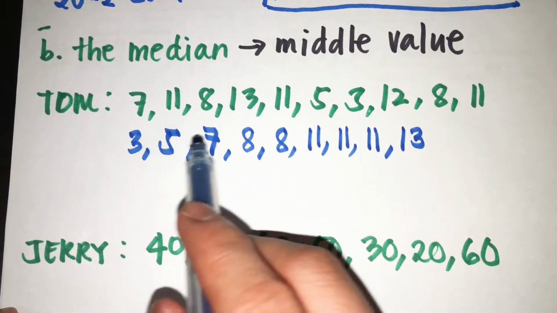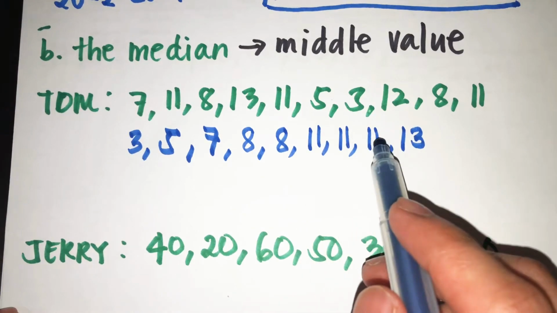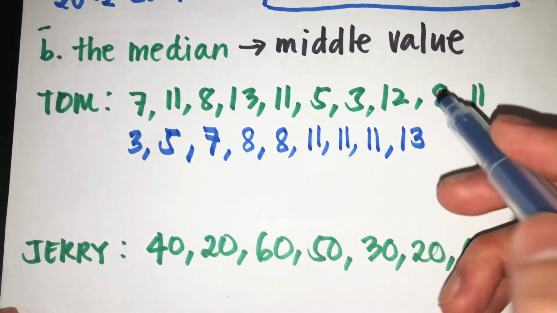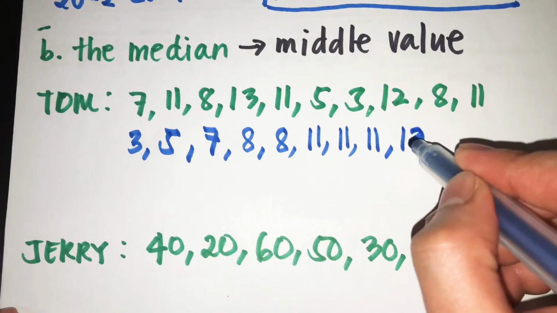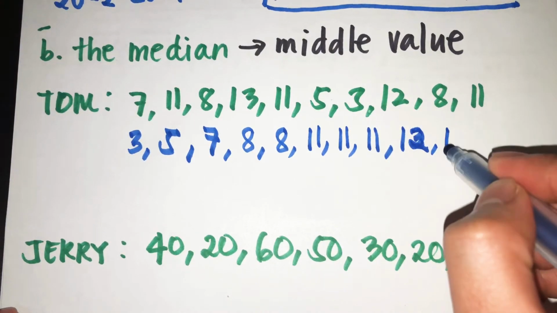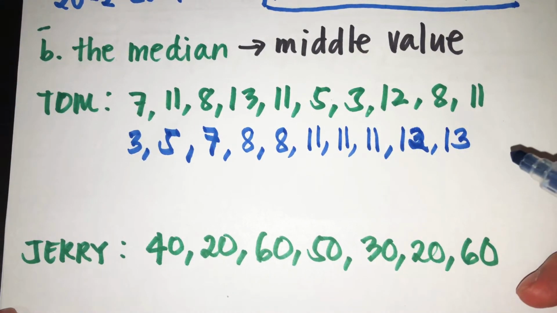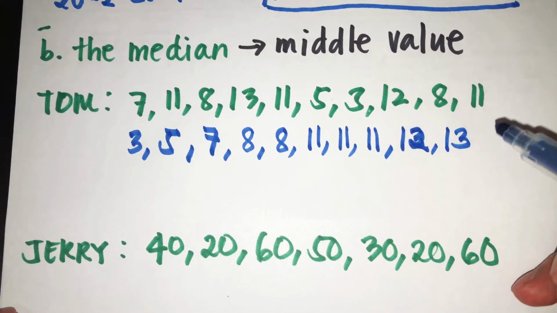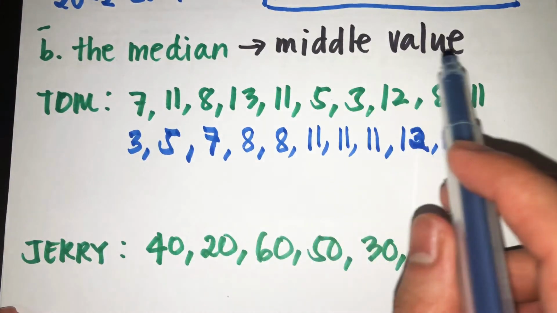Let's see, 1, 2, 3. Oh, we forgot 12. So this must be 12, then 13. Okay? Then after that, we will get the middle value.